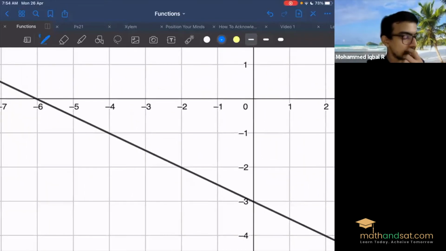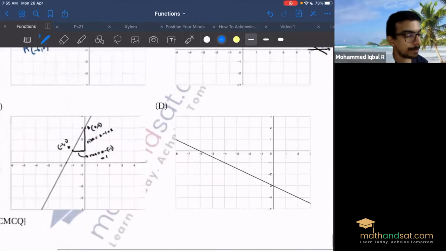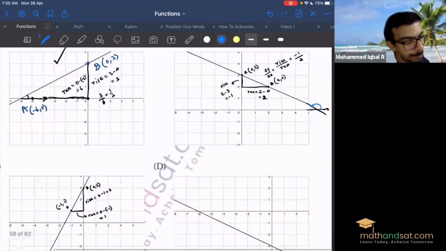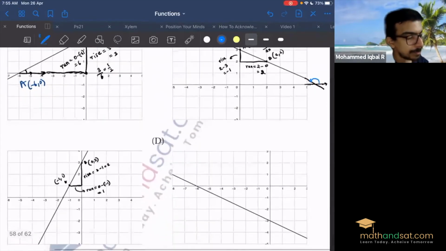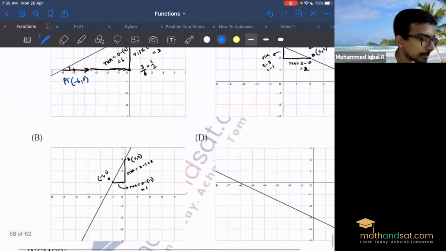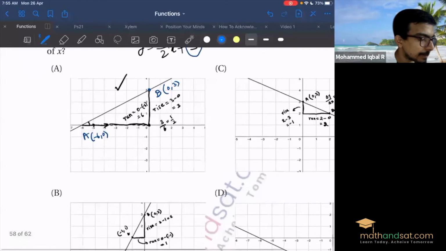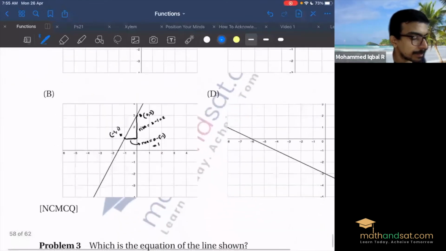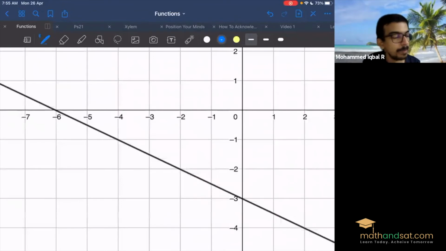Calculate the slope of this line. Please calculate the slope here.